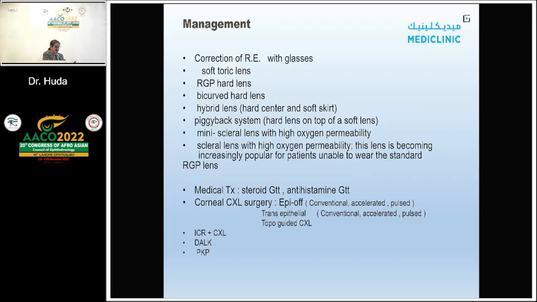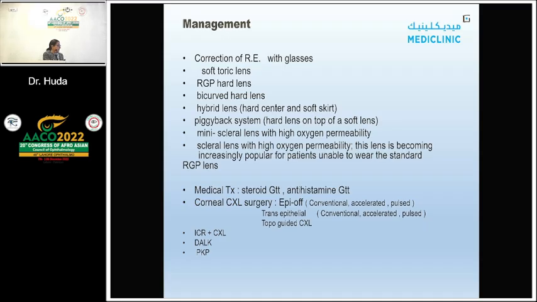Management is a long list of measures, starting from glasses, contact lenses, RGP, bicurve contact lenses, piggyback. All mentioned by Miriam, but I just want to focus on the recent new scleral lenses, which are found to be really comfortable for people with keratoconus. Medical treatment: steroid, antihistamine, and the role of cyclosporine nowadays in keratoconus is really important.